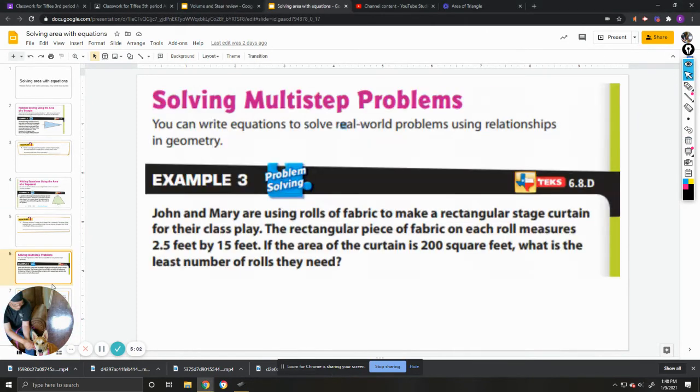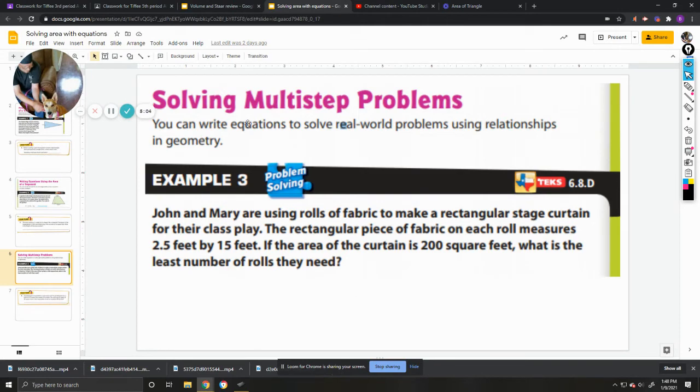All right, next one. You can write and solve real-world problems. John and Mary are using rolls of fabric to make rectangular stage curtains for their play. The rectangular piece of fabric, each roll, measures 2.5 by 15. The area of the curtain is 200 square feet. What is the least number of rolls? We're going to find the area of each roll.